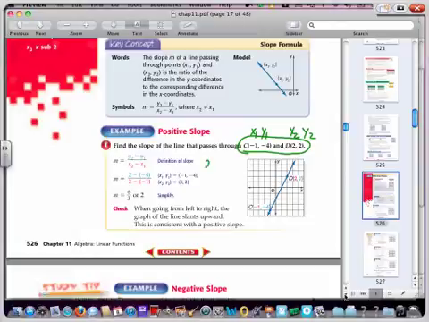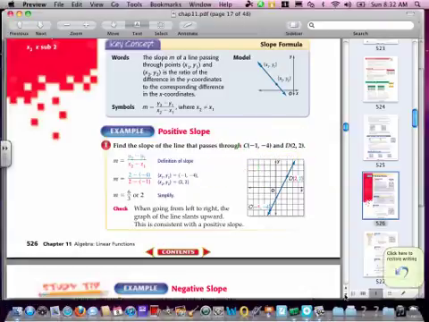So this would be 2 minus -4, which would be add a positive, over -1, oops, I'm sorry, not plus, minus, -1 minus 2. So this is going to equal +6 over -3, or -2 would be my slope. And I screwed that up royally.